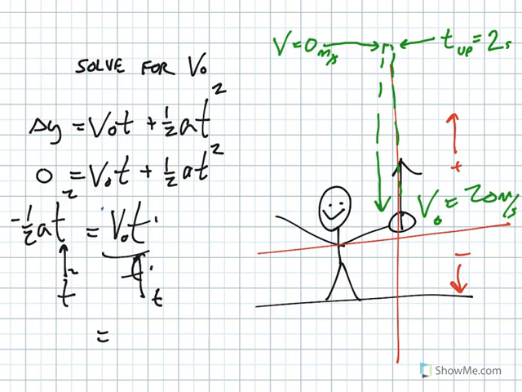Because t over t is 1. And then t squared divided by t is just t. So now I have minus 1/2 a times t is equal to V naught. So we are almost there.